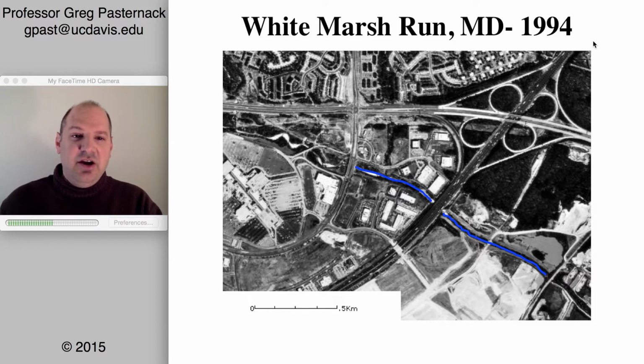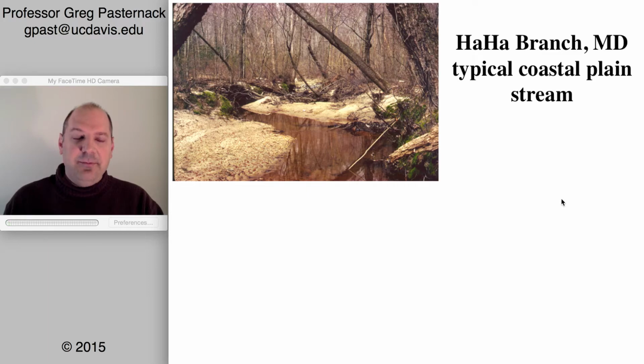And you can see here the I-95 corridor and the interchange there in White Marsh Run. Also in the vicinity of it, there's an IKEA, at least at this time, and there was a lot of commercial development on the floodplain.